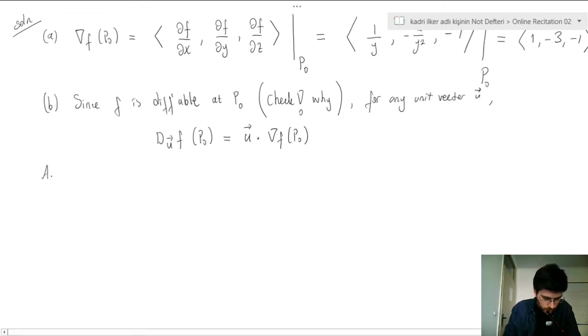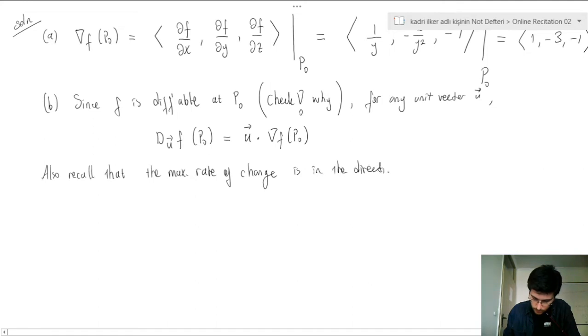Also recall that the maximum rate of change is in the direction of the gradient, with magnitude, of course, the norm of the gradient vector.